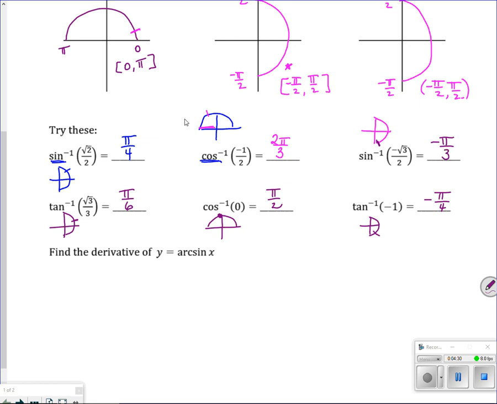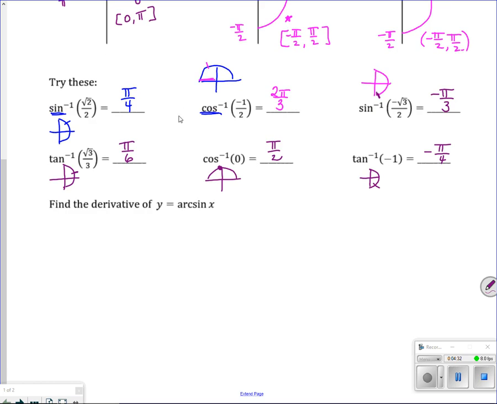Let's figure out the derivative of arc sine. From our first example, if arc sine of x equals y, that means that the sine of y is equal to x. Okay, I can live with that. Now let's use implicit differentiation.